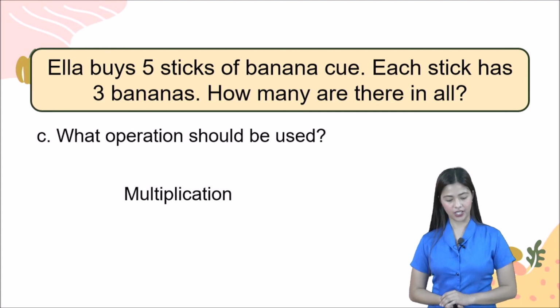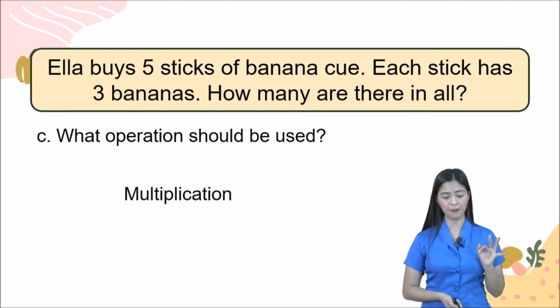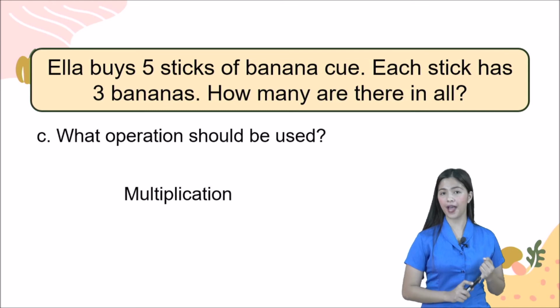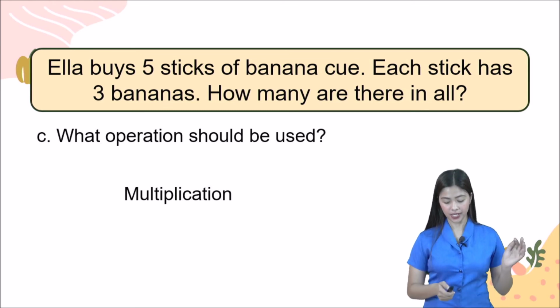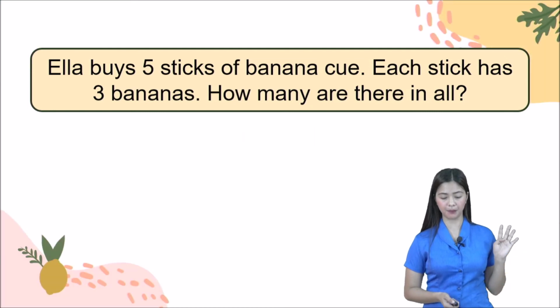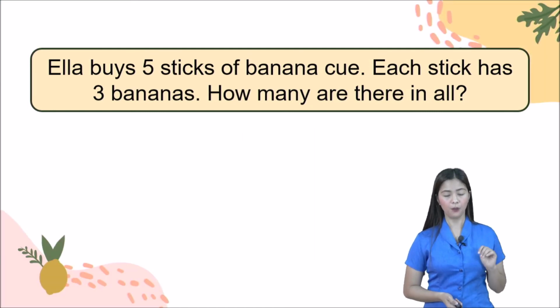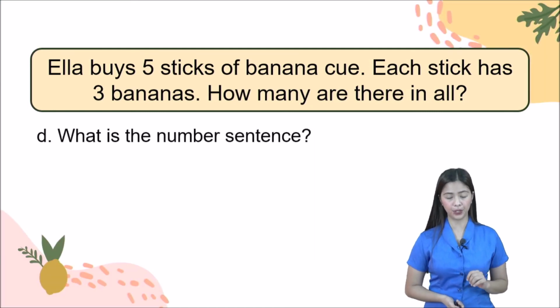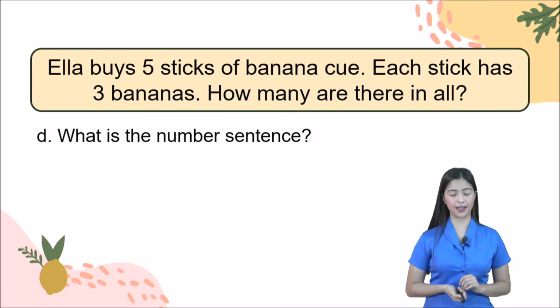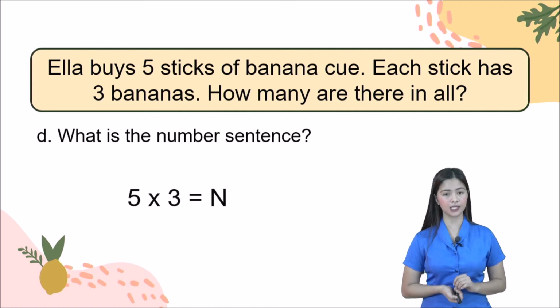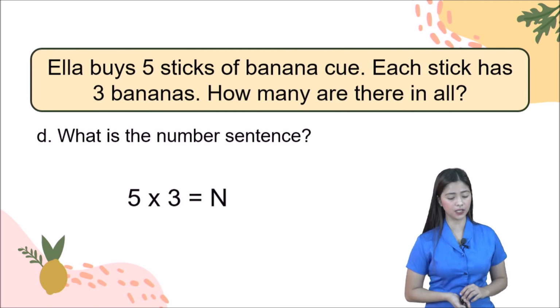Very good. So after getting the 3 steps, the given facts, what is asked, and what operation should be used, now let's proceed to step number 4, which is the number sentence. So we have the given facts 5 and 3. So 5 times 3 is equal to n. Always remember that, okay, kids?